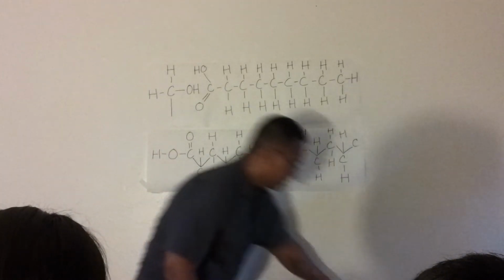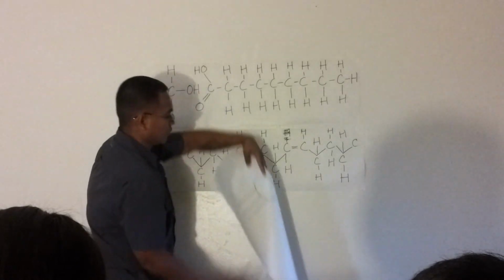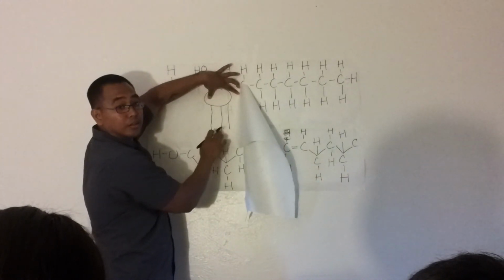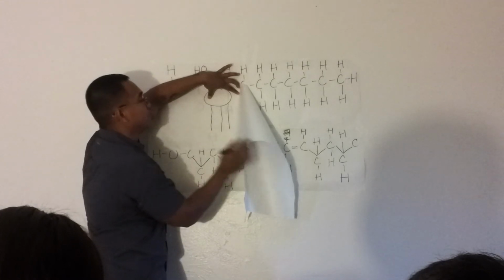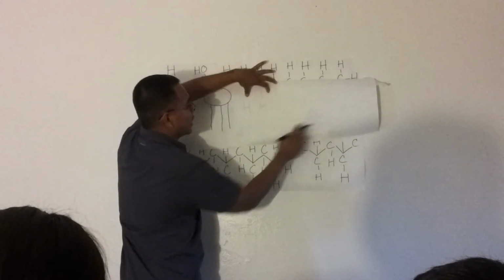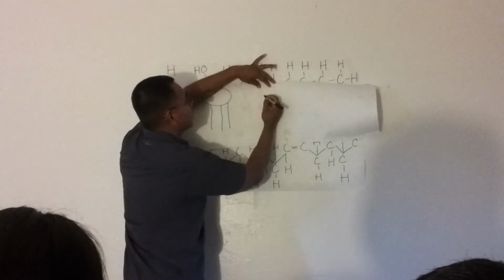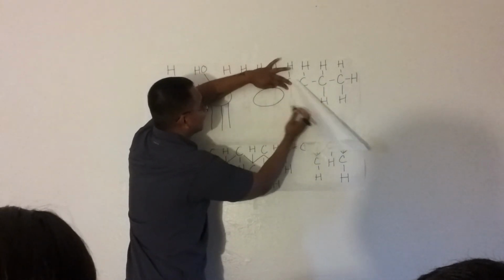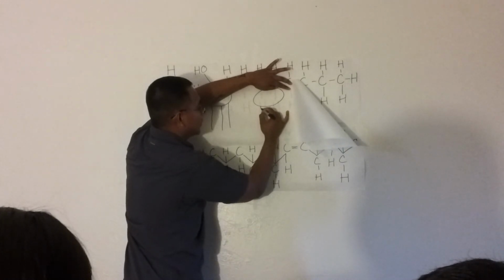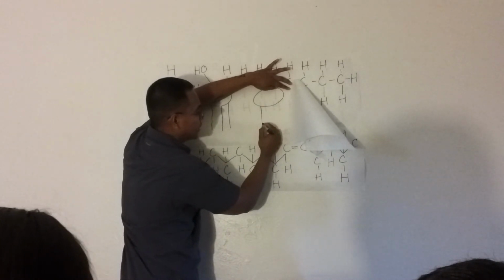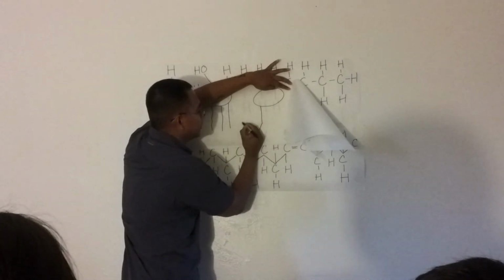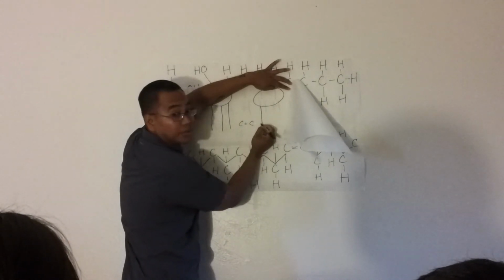So if you look here, this is an example of a saturated molecular structure, saturated fat. Now, if I would draw the unsaturated molecular structure, it would look like this. Basically, you have the head, then you have the tail, but that tail would have a kink. And that is where the carbon double bond is, right here.